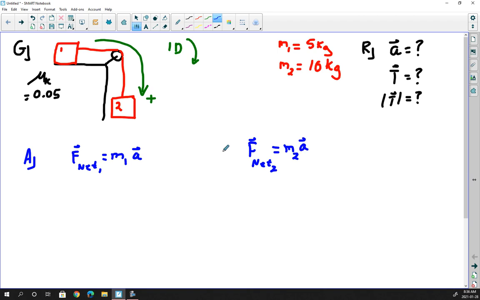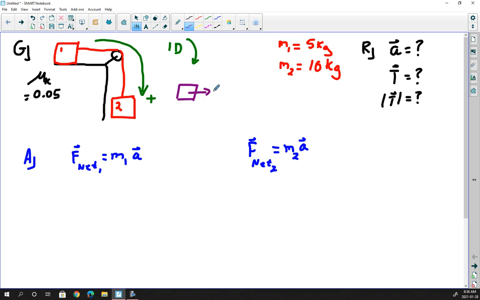So you've got to find these net forces. Well, that means you've got to do a free body diagram. I like to do them in the given, but I delayed doing it this time just to show you, look, you need to do these free body diagrams if you're going to do F net.